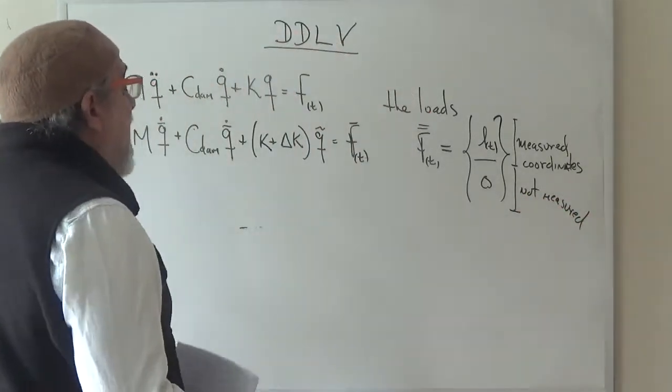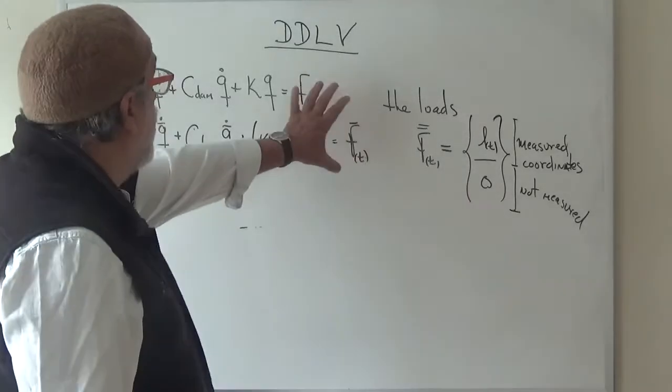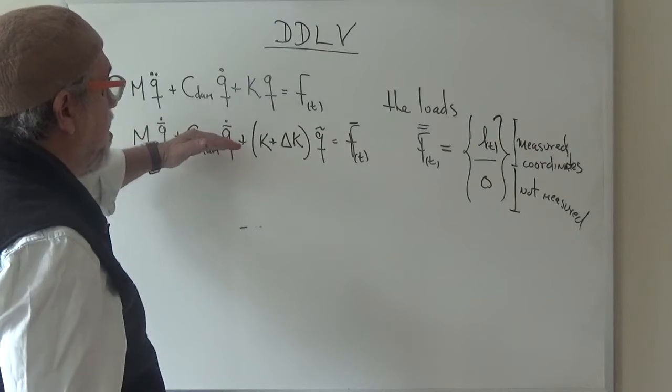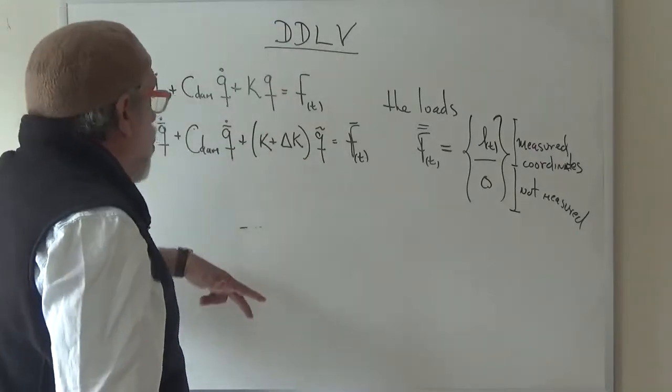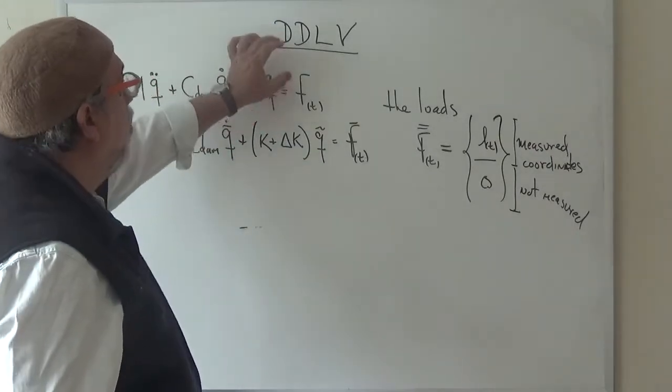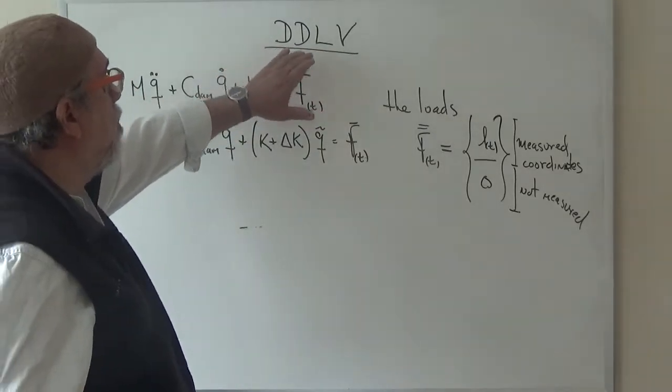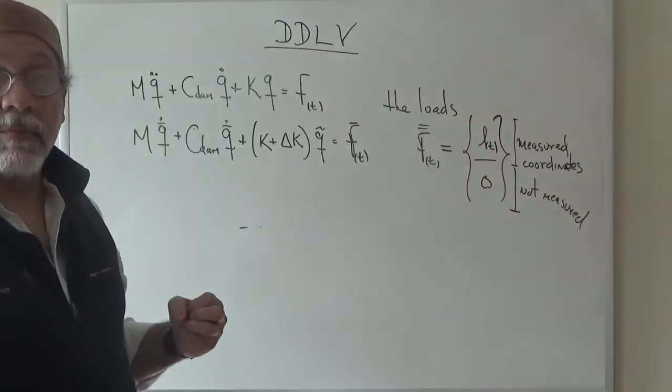So there may be some loads here that produce identical response on the undamaged and damaged state, but they are acting at every coordinate. Those are not useful for damage location because I cannot compute them from the data.